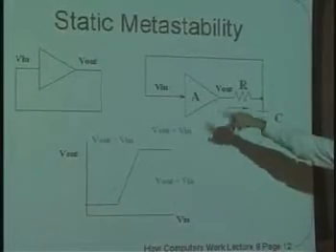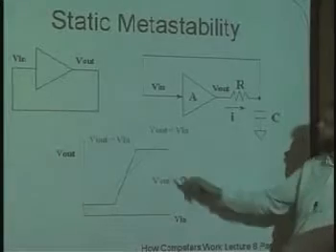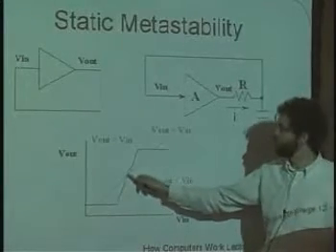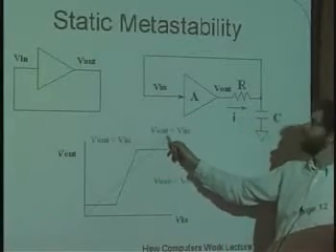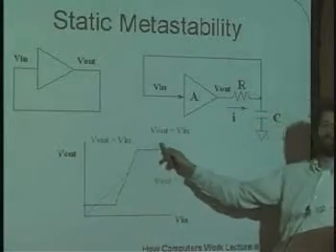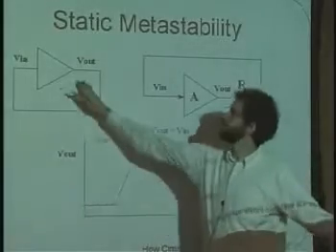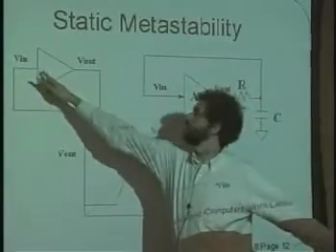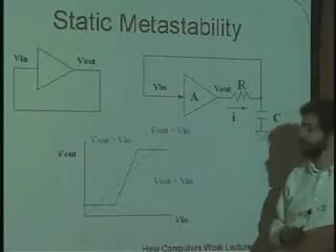Now, when I hook a circuit together in a feedback loop like this, what you will notice is that there are 3 places where the lines cross. This straight line over here is the equation of the wire, where the output voltage is equal to the input voltage. And the S-shaped curve is the equation of this logic buffer, which does nothing more than take the input and produce it on the output with some amplification.